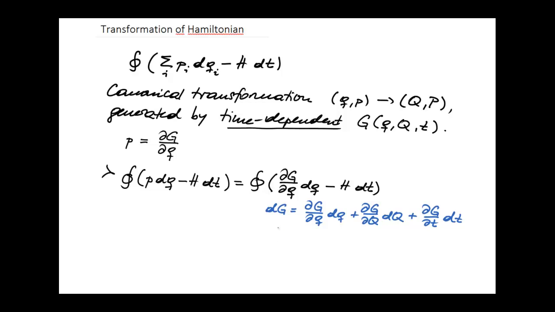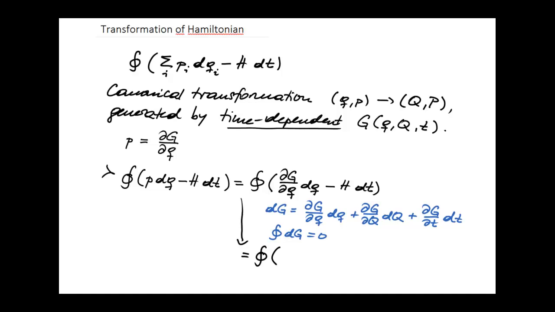But then we can also exploit that the loop integral over a total differential is always equal to 0. And then this takes the following form. We replace the first term in the integrand with the help of the total differential dg minus the other terms.